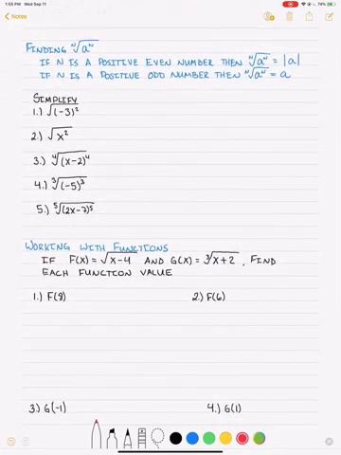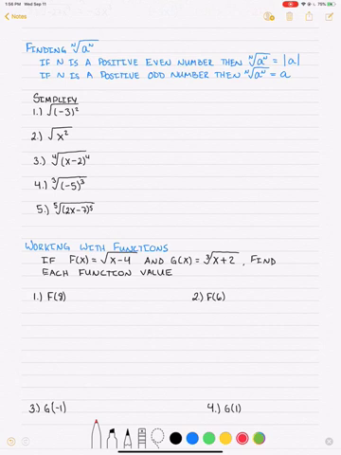In this next section, we're finding the nth root of a raised to the power of n. n just represents a number, a represents a number, they're just variables here. There are two rules we have to look at. If n is a positive even number, then the nth root of a to the power of n is going to equal the absolute value of a.